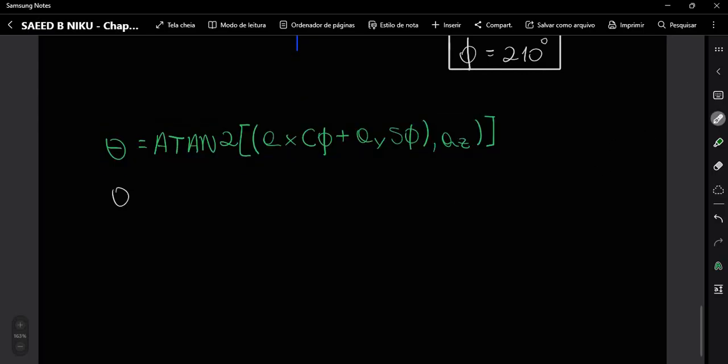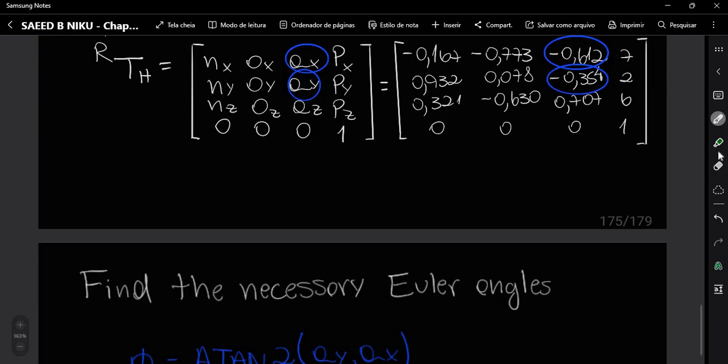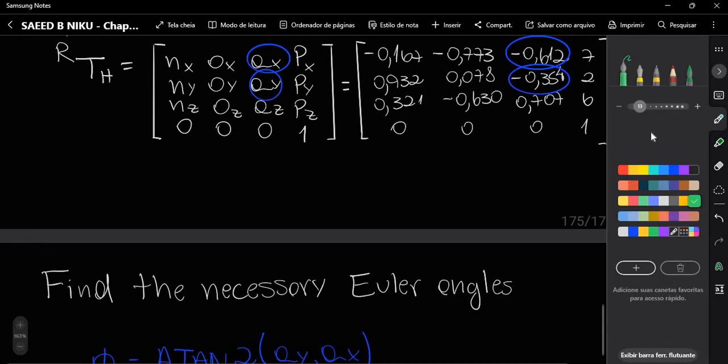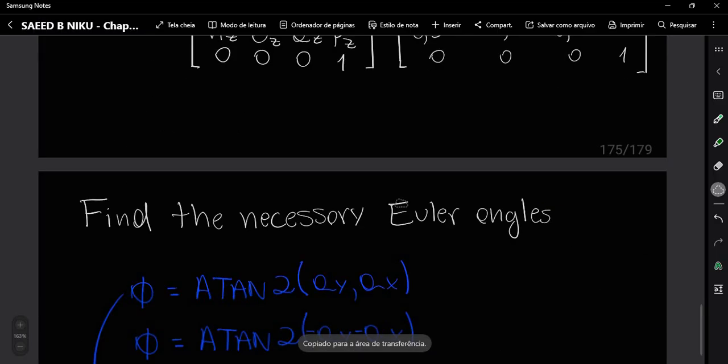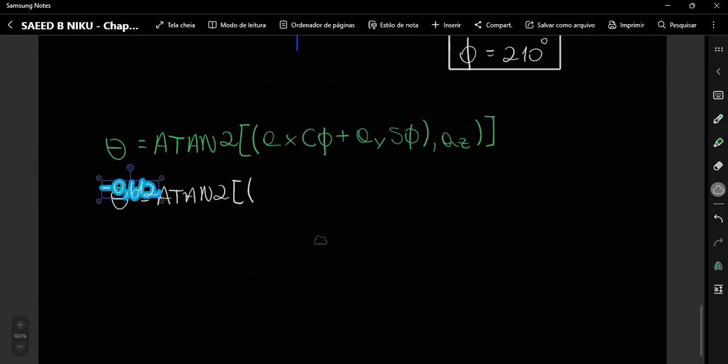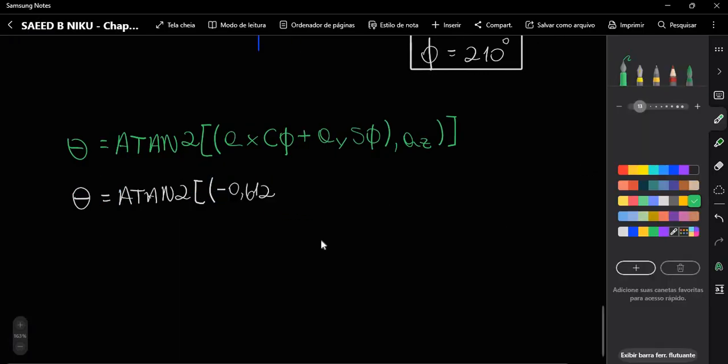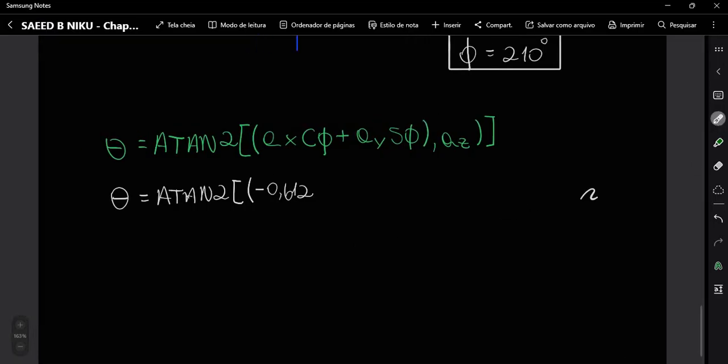So for the theta angle, AX, again AX is corresponding to this value, AX, and now times the cosine of phi.